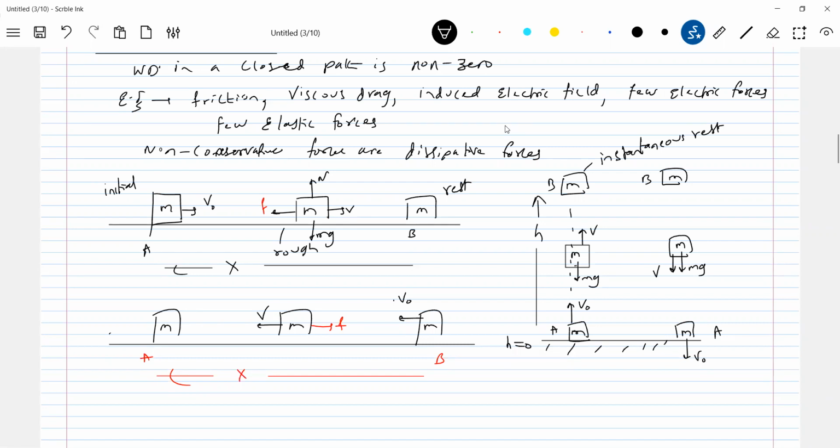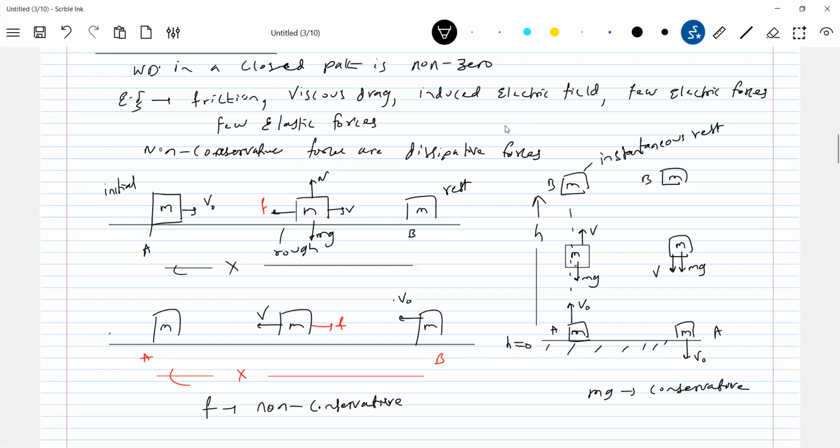Compare these two here. So here the weight mg is conservative. The weight mg, I'll write it clear here. And what about the friction force here? Non-conservative. Now getting the idea at least now.